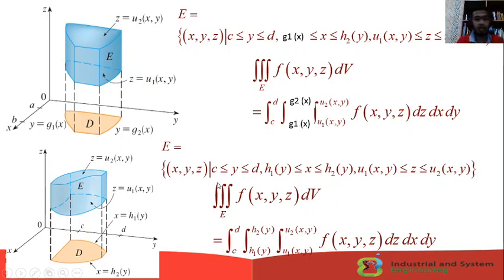For the second condition, if x is a function of y, z is from u1 until u2.